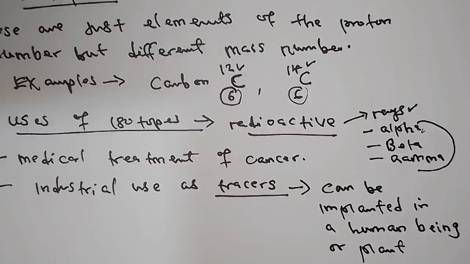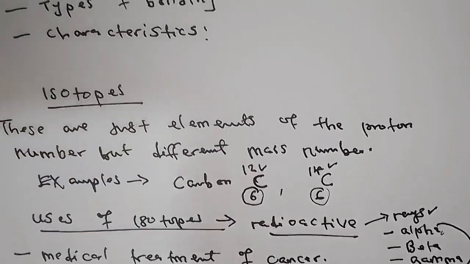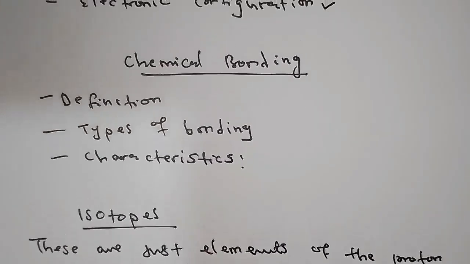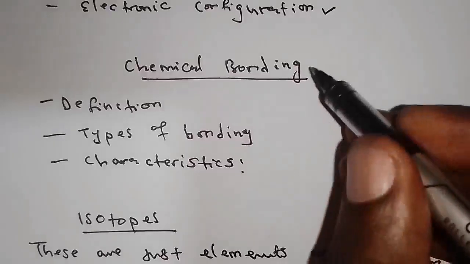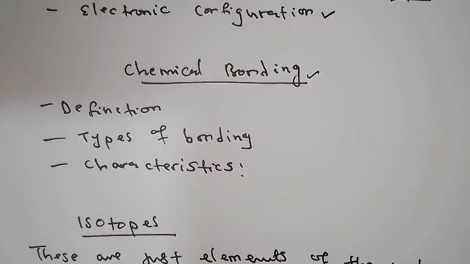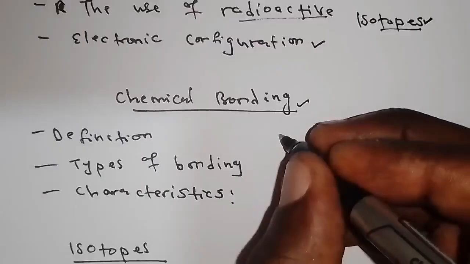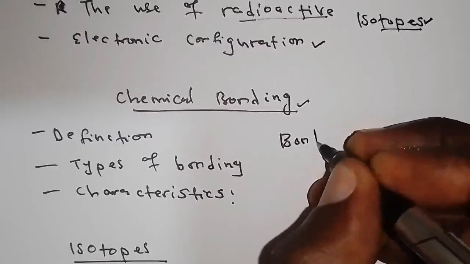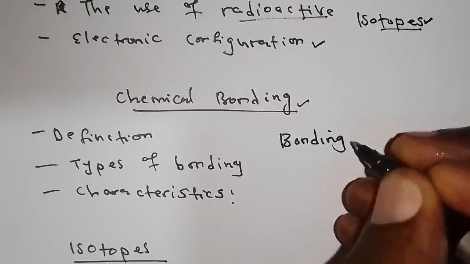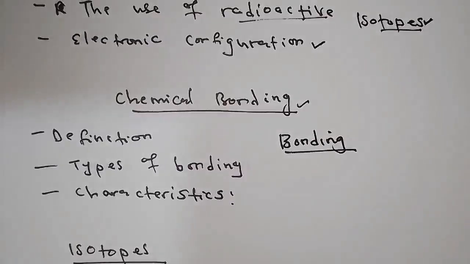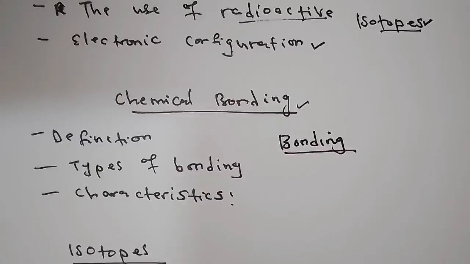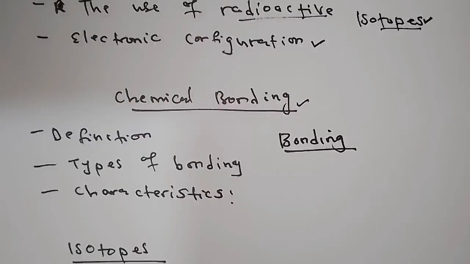Okay. Now let us move on and look at chemical bonding. So what you need to understand about bonding. So bonding is simply the formation of compounds.